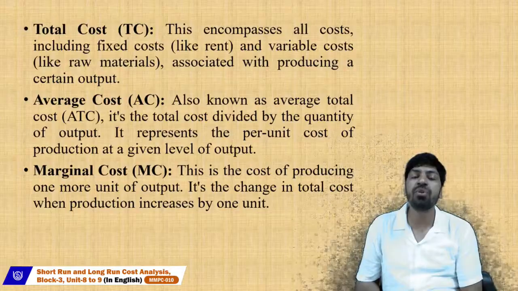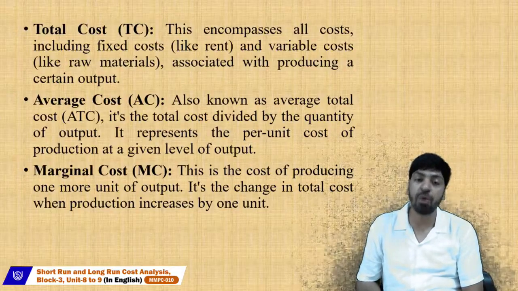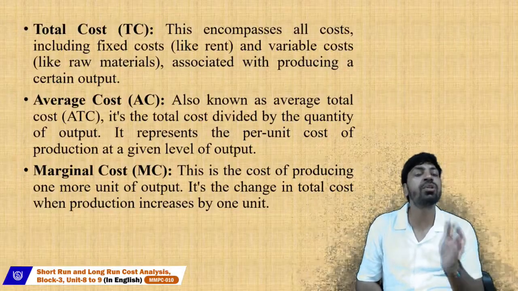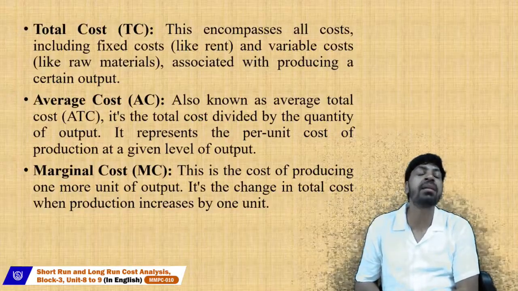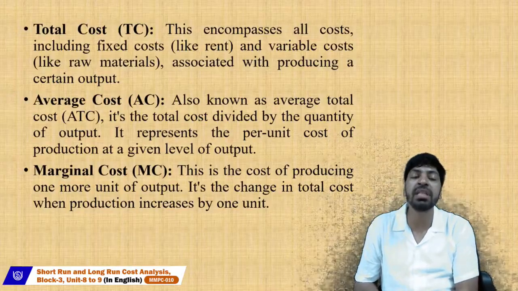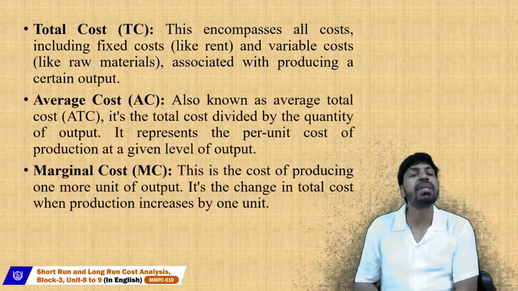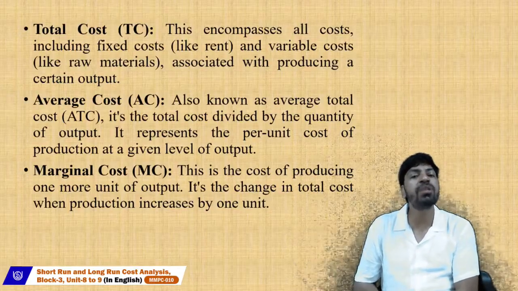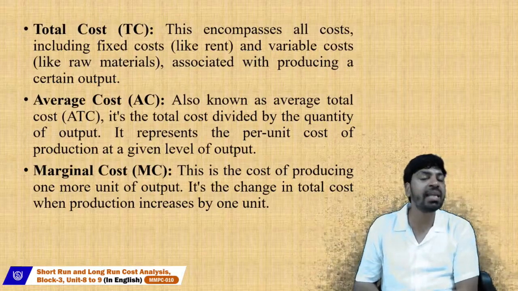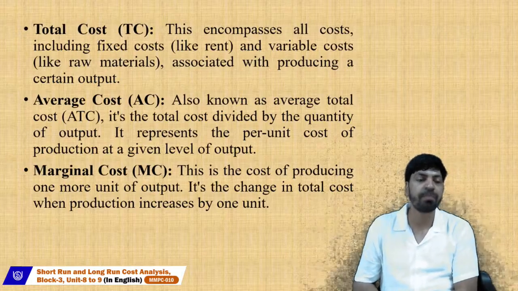Average cost is known as the average total cost. It refers to the total cost divided by the quantity of output or the number of units. It represents the per unit cost of production at any given level of output.